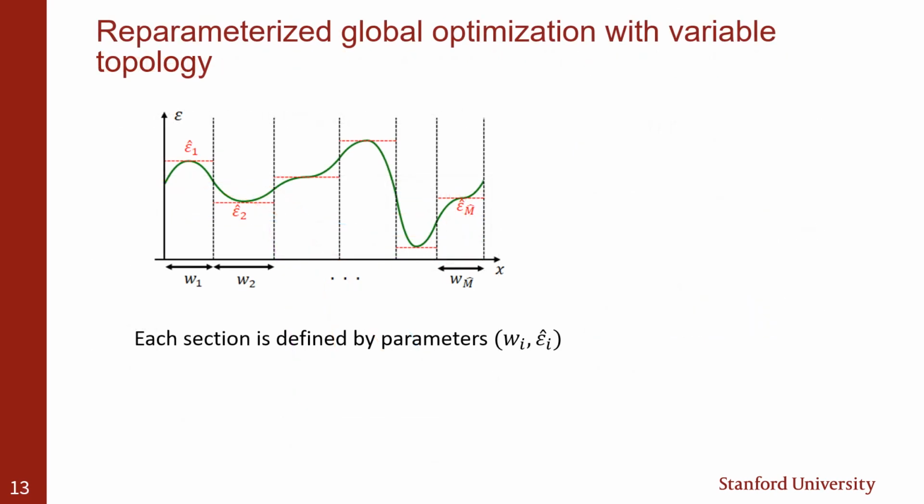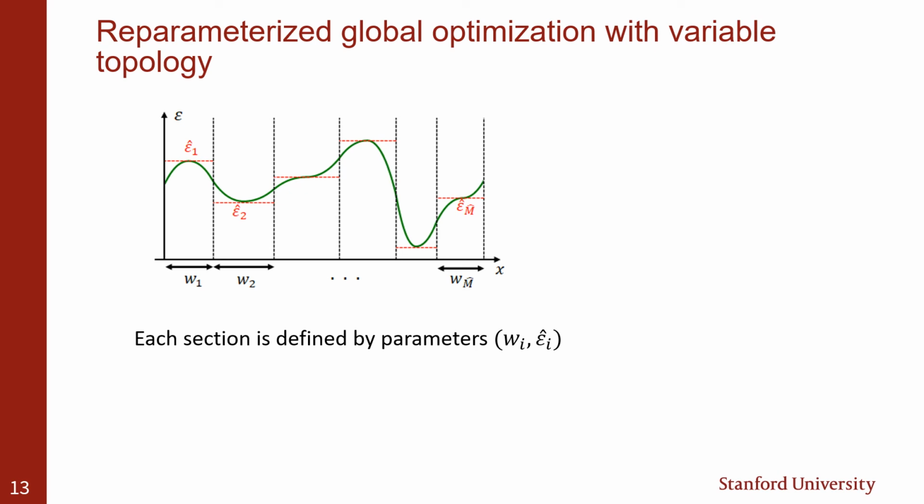Here we outline the concept. As before, with fixed topology optimization, we subdivide the device permittivity profile into M sections. However, instead of assuming that a given section is either silicon or air, we define each section to have two parameters. W_i denotes the section width, and epsilon_i denotes the permittivity at the center of each section.